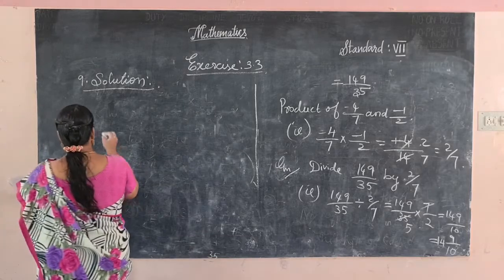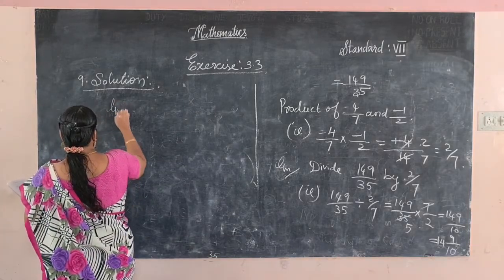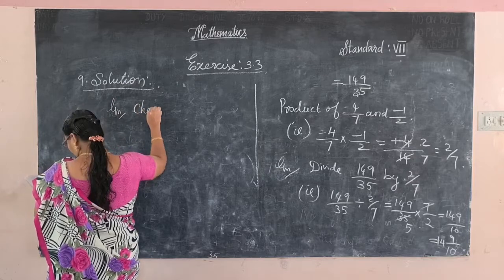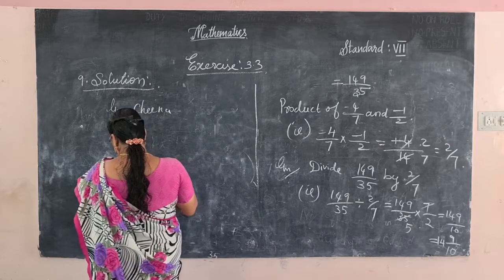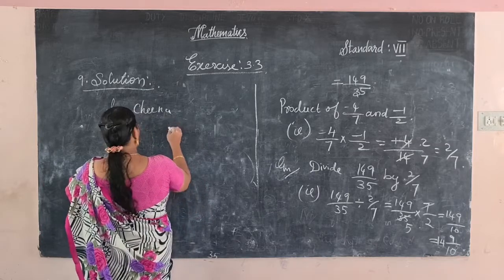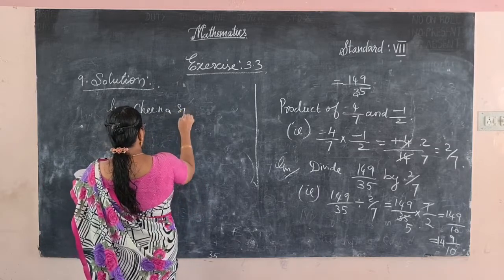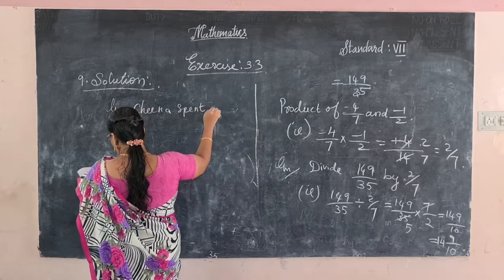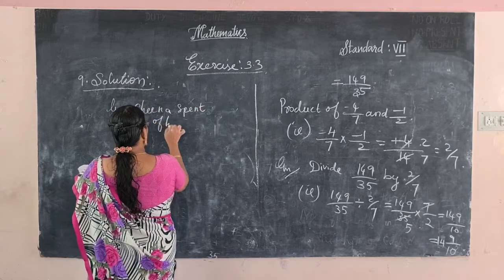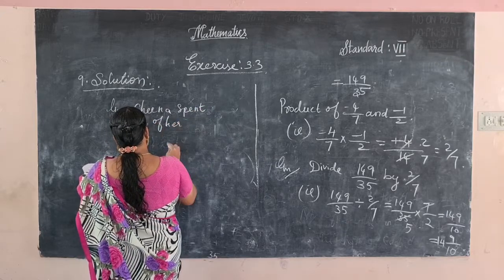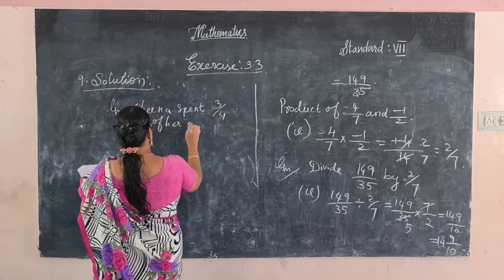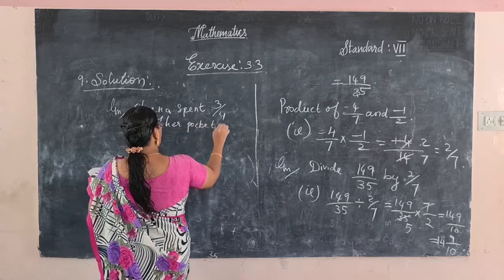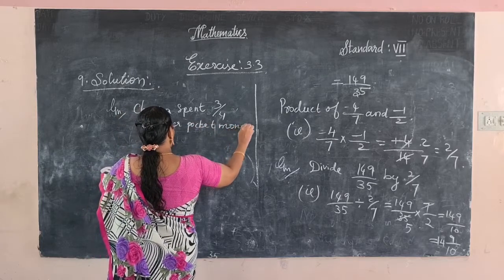So given, Sheena spent 3 by 4 of her pocket money.